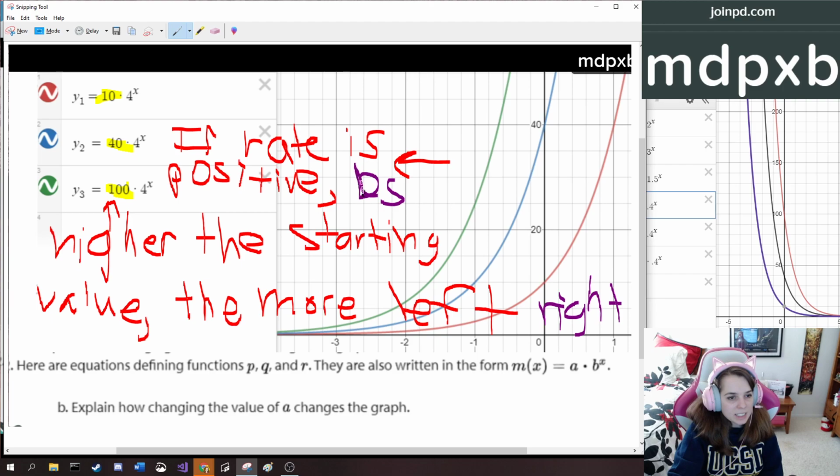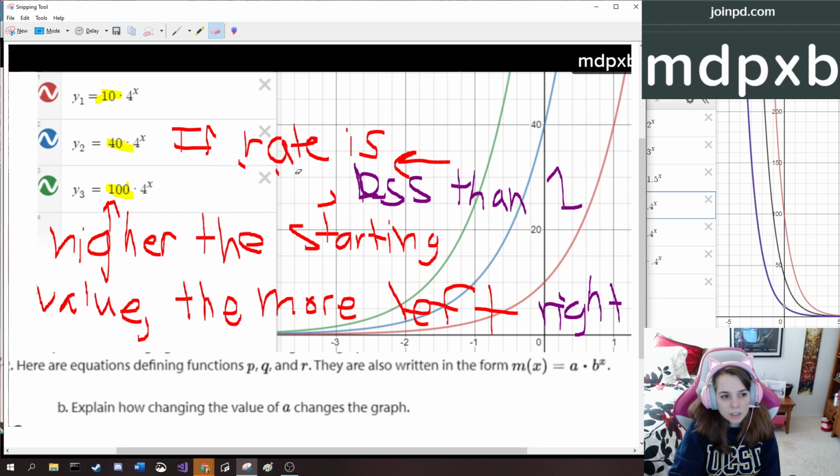So if the rate is less than 1, the more to the right it will be. If the rate is greater than 1, I should say, the more left it would be.